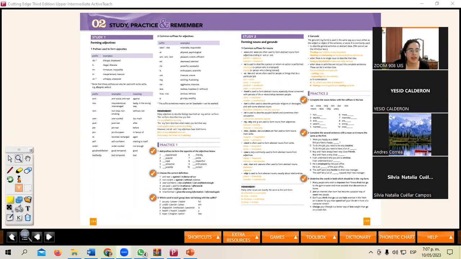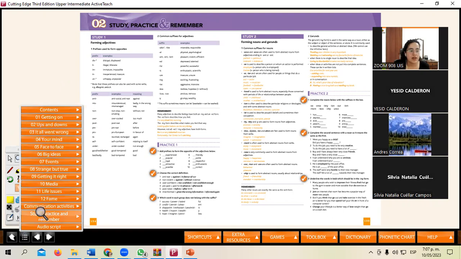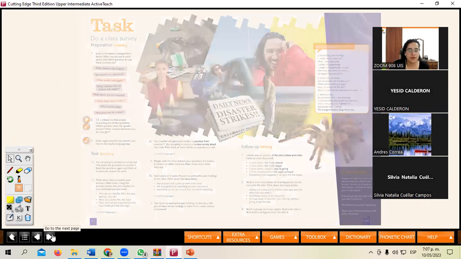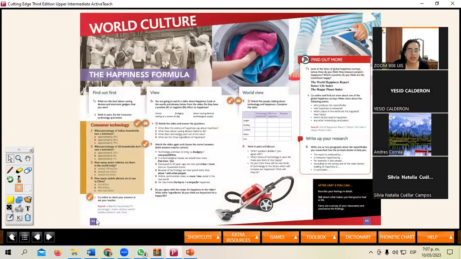Nope. Okay, good. So guys, let's continue. We are going to finish Unit 2 on page 24 and 25, okay? So here we have the happiness formula, all right?